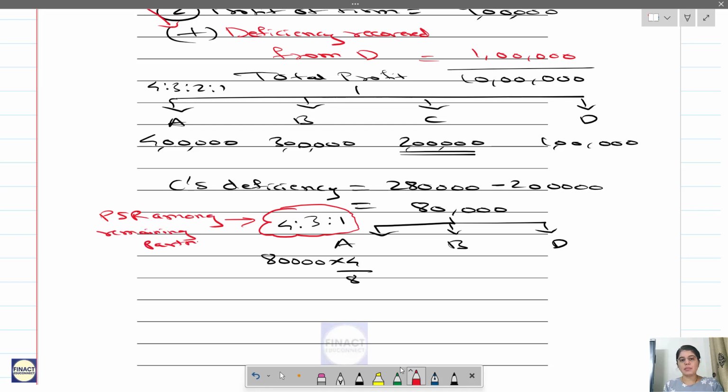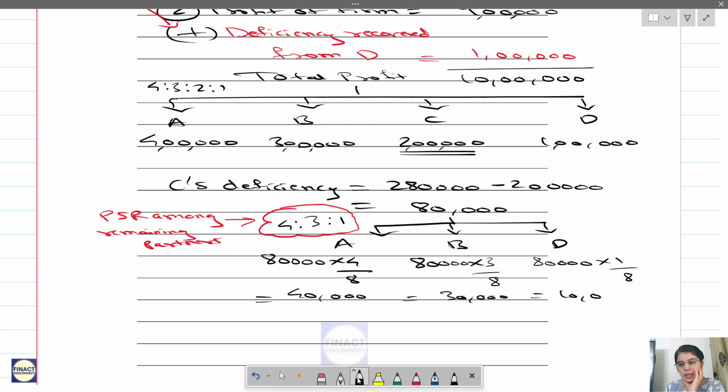So don't make a mistake of taking denominator as 10 over here. I hope you are understanding this. This will be 80,000 into 3 by 8 and this will be 80,000 into 1 by 8. Correct? So it will be 40,000, 30,000 and 10,000. Is this clear?